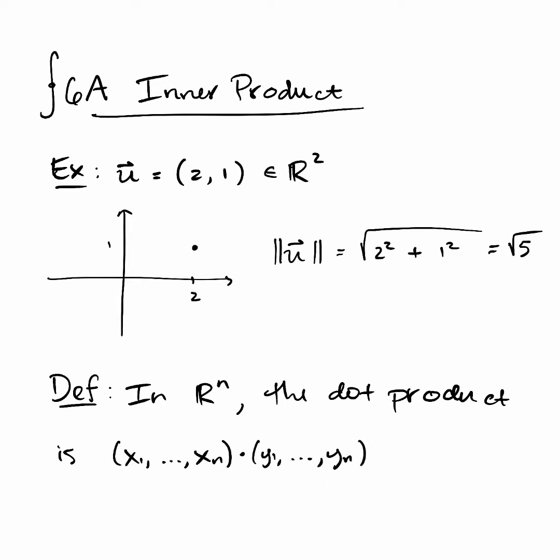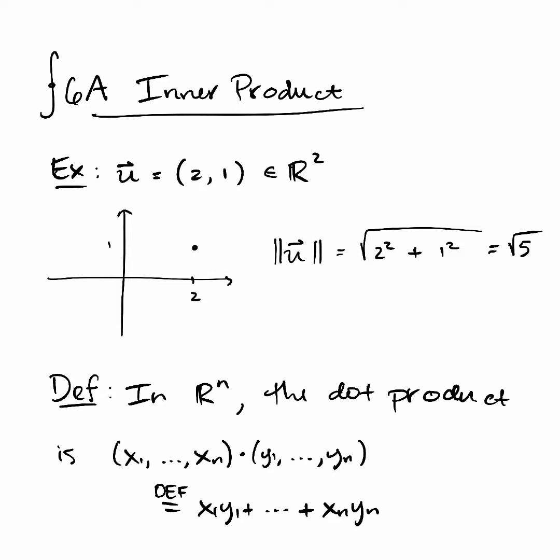You remember how you used to take dot products. You just multiply the coordinates from the respective vectors and then add up the results. So the definition of the dot product in Rn is x1y1 plus dot, dot, dot, all the way through xnyn.